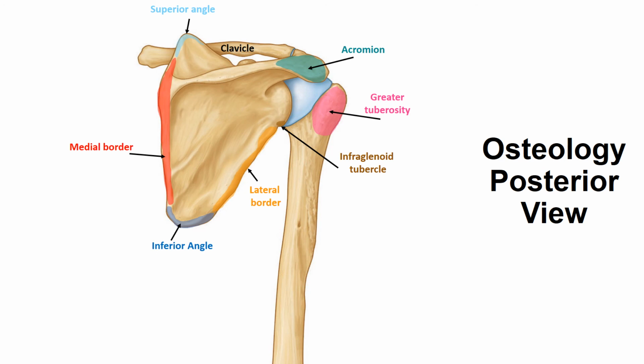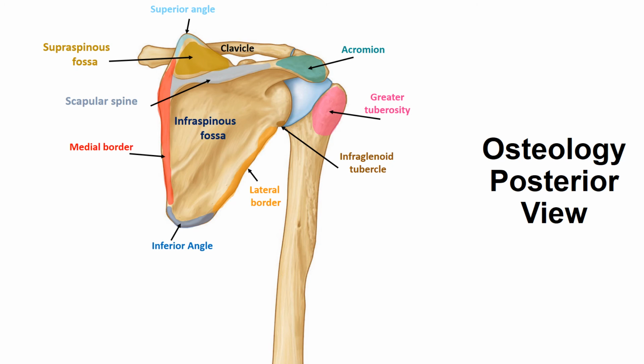You can still see the superior angle, inferior angle, medial border, and lateral border. You also see that infraglenoid tubercle, while the supraglenoid tubercle is actually hidden by the acromion. Now, the new structures that we need to see, we have two fossas and a bony protrusion.